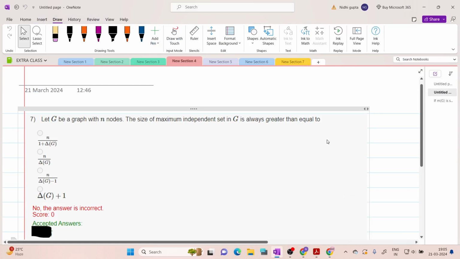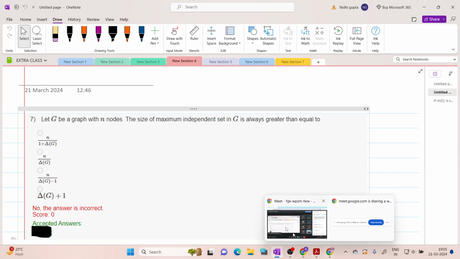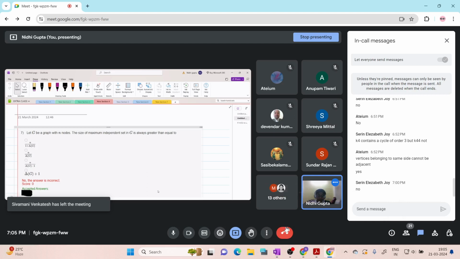Okay. So this is a similar question. If G is a graph with n nodes, then the size of the maximum independent set in G is always greater than or equal to... What is an independent set, ma'am?